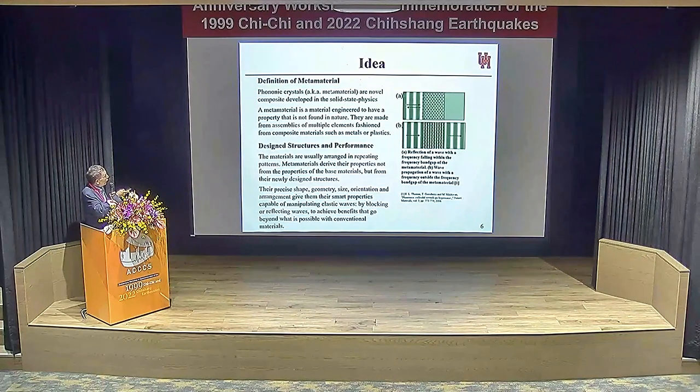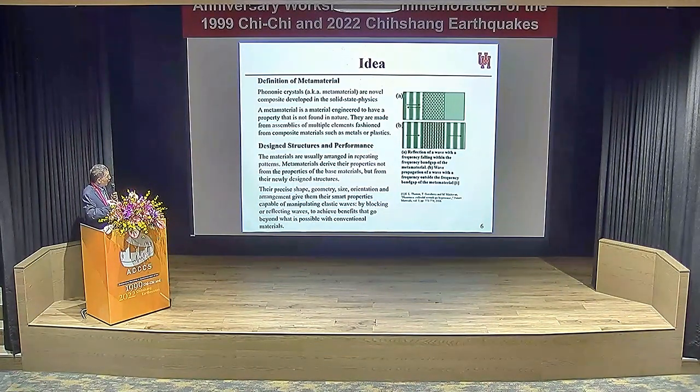What are metamaterials? They are novel composites that come from solid-state physics researchers. A metamaterial is a material having a property that is not found in nature. They are made from an assembly of multiple elements, usually arranged in a repeating pattern.